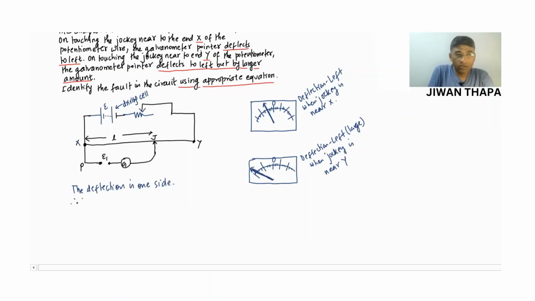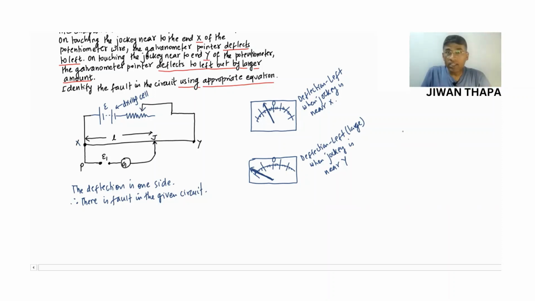Therefore, there is fault in the given circuit. Now, we need to understand why this fault occurs, okay, with the suitable or appropriate equation.